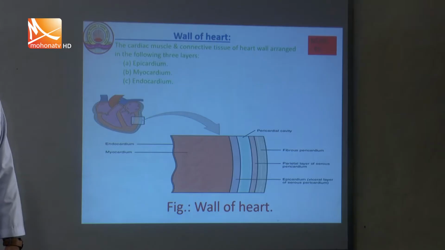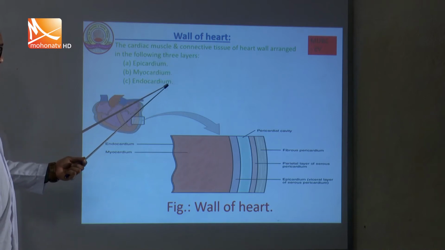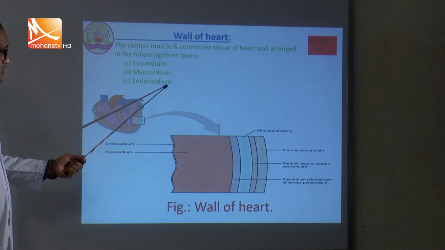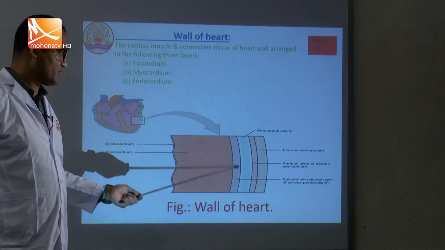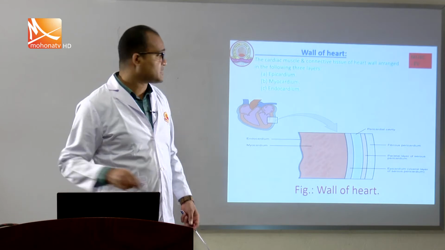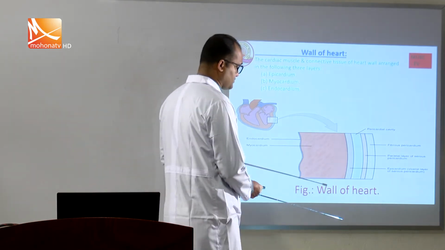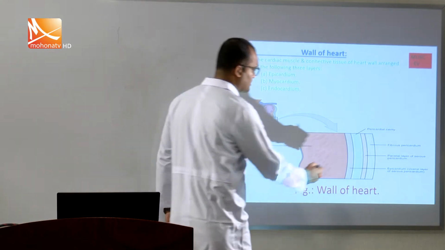Wall of the human heart. The human heart consists of three layers: epicardium, myocardium, and endocardium, and it is also covered by the pericardium layer. So, it is the pericardium layer, also called the fibrous tissue layer.